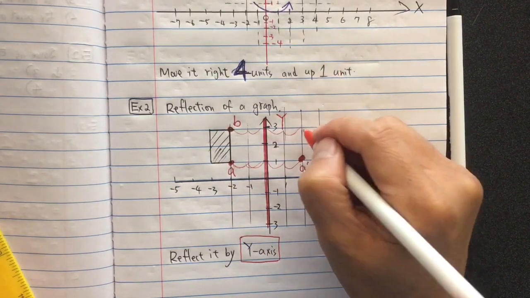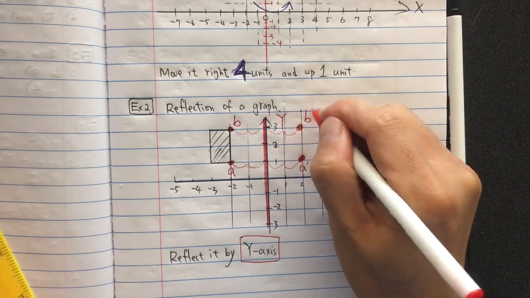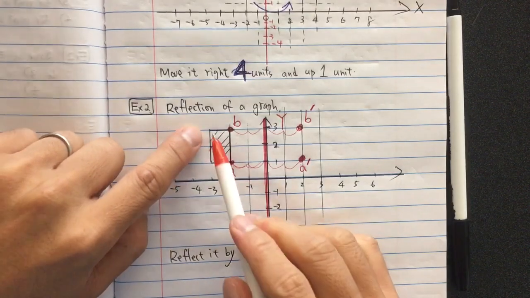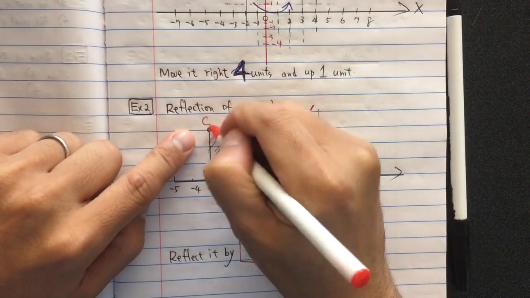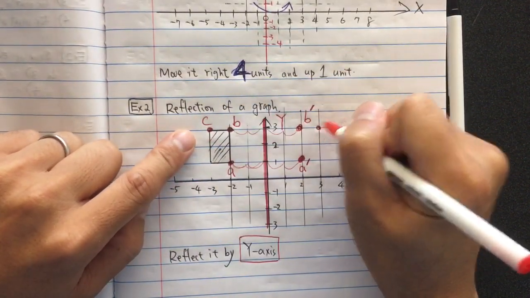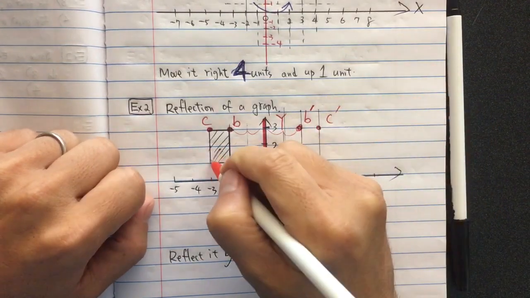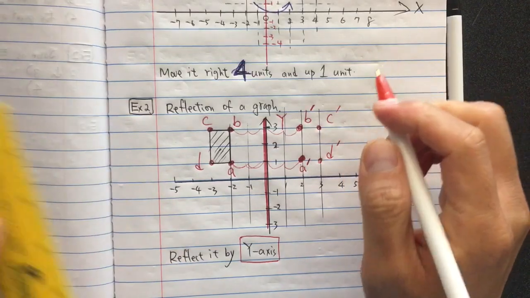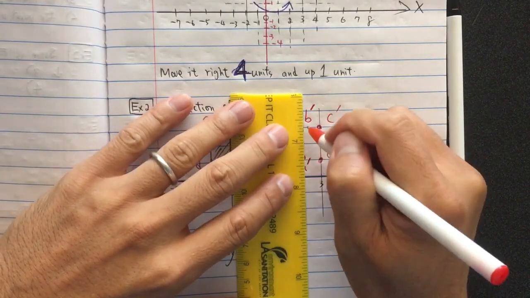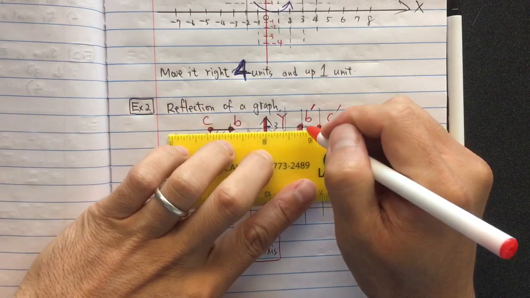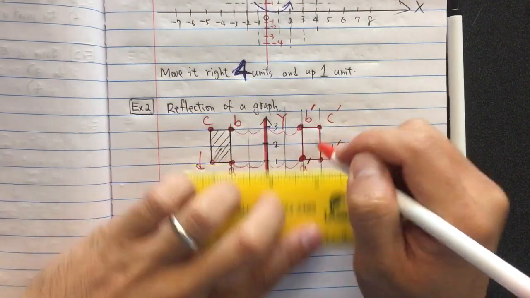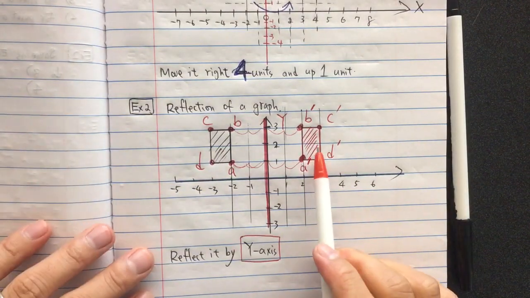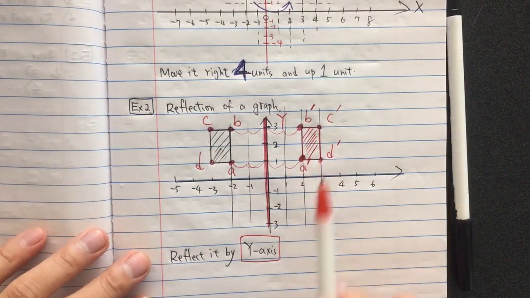So this is B prime. Now we do the same thing for C and we get C prime here. And this is point D, and we get D prime here. Okay, this is reflected by the y-axis. You get it?